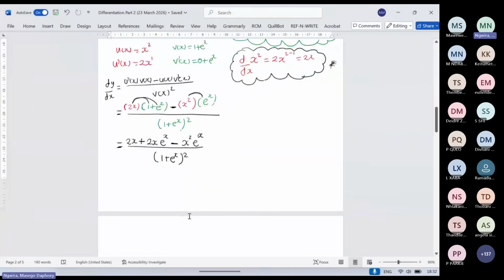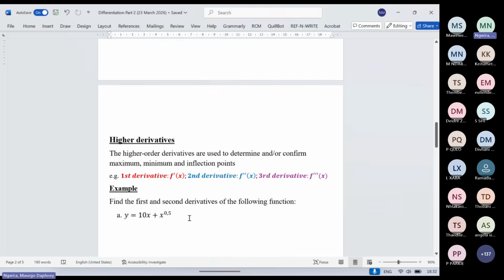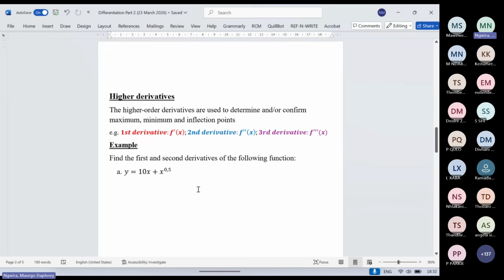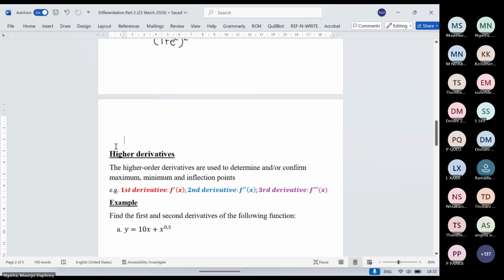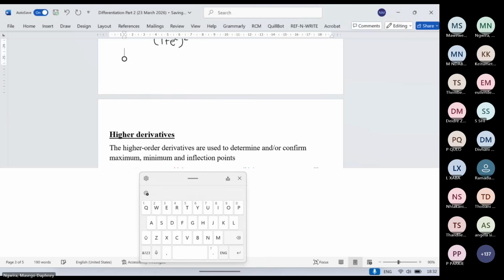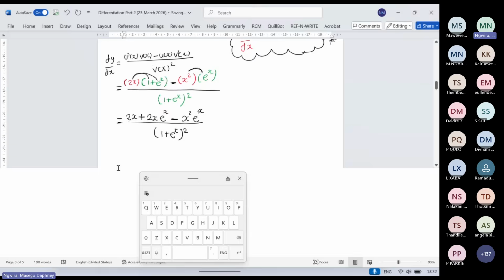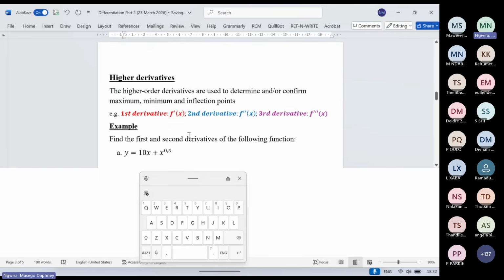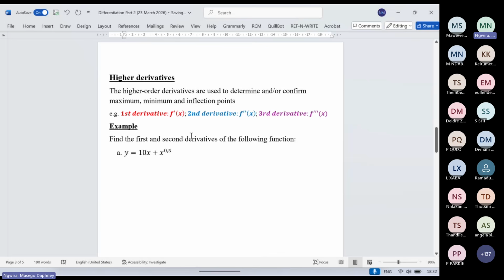All right. Now we go to this one. So now we go to what we call the higher derivatives.